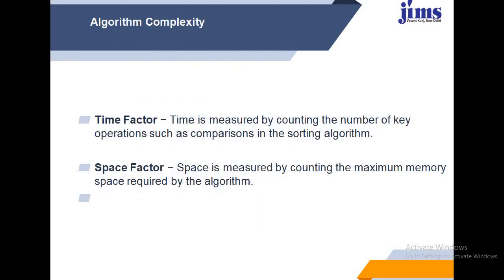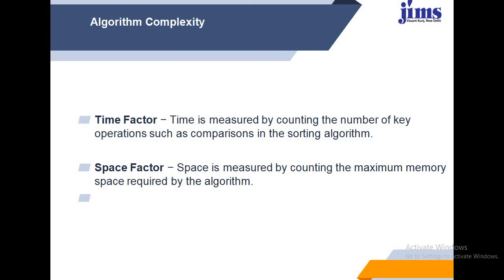Now algorithm complexity. Every algorithm's complexity depends on two factors. Time factor. What is the time factor? Time is measured by counting the number of key operations, such as the comparisons in a sorting algorithm. Time factor means, suppose you have an algorithm.